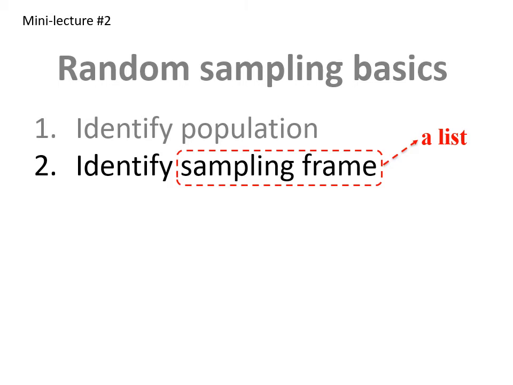Maybe in that case your list only has like 200 people. And so you put a number next to everybody's name, you cut out 200 squares of roughly the same size, number them from 1 to 200. So each little piece of paper corresponds to one individual on the list.